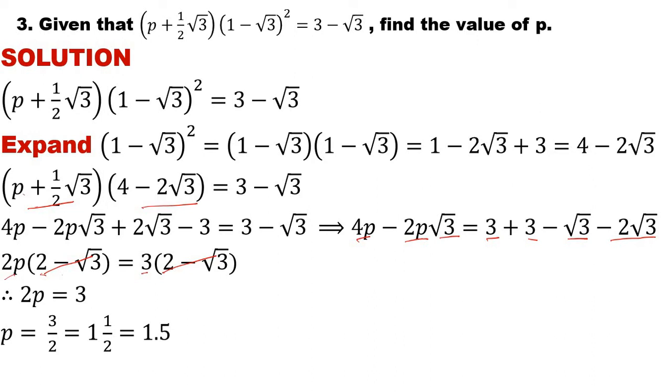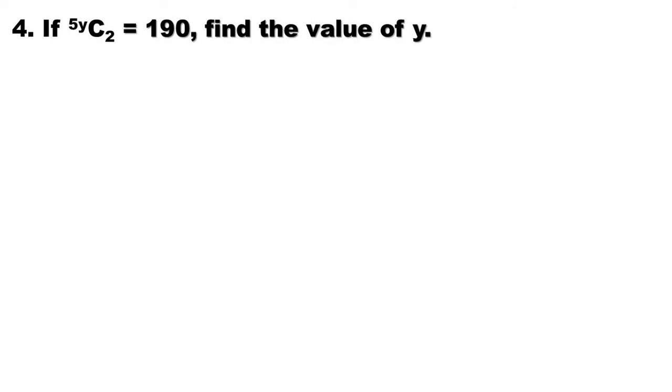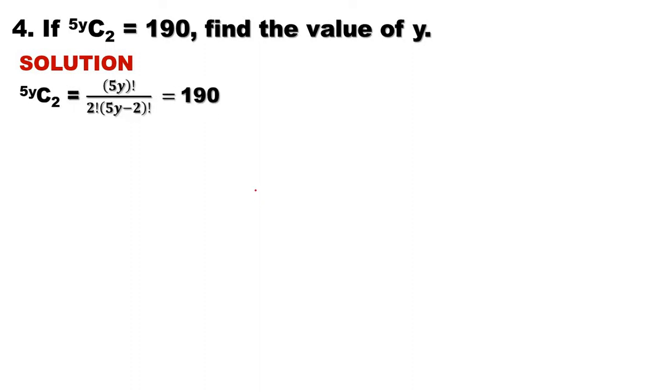So let's move further to question number 4. We have combination, and this is it. Apply the formula, and this is what we have. I need to work on the numerator so that I can get it in this form.